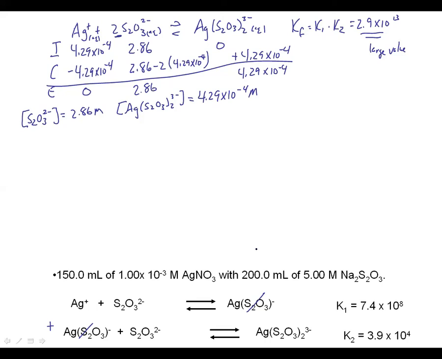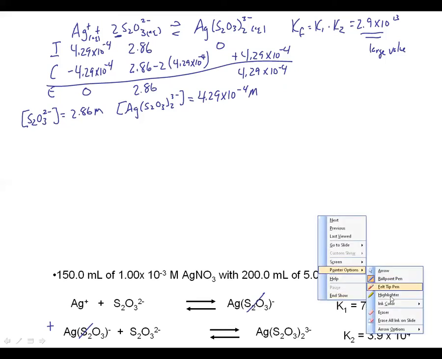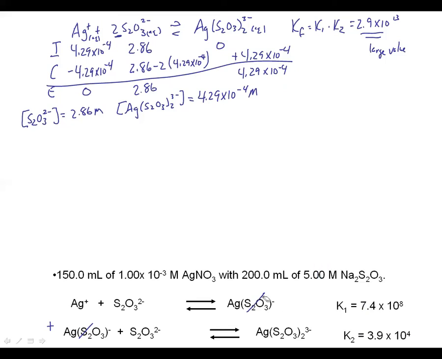So I'm just going to do it one way, and then I'll explain to you an alternative approach. When I go back to my stepwise equilibriums here, each of these are essentially equilibrium steps, right? And they both have an equilibrium constant associated with it.